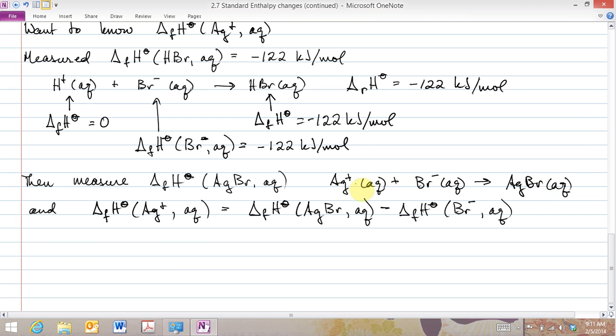So the enthalpy of this side must equal the enthalpy of the other side. So we just subtract the enthalpy of the bromide ion from both sides, and then we can solve for the enthalpy of formation of the silver ion by itself.